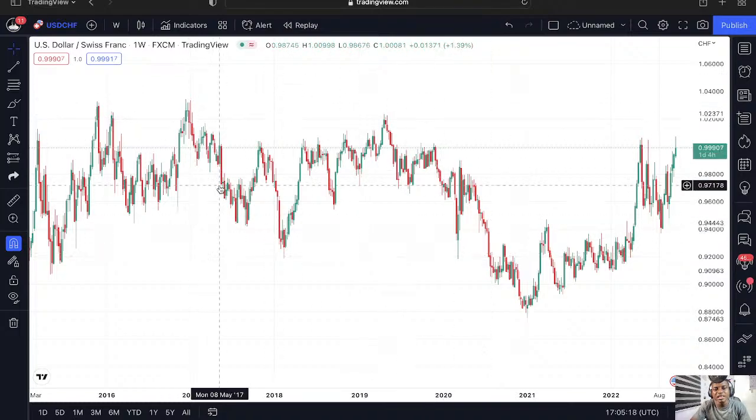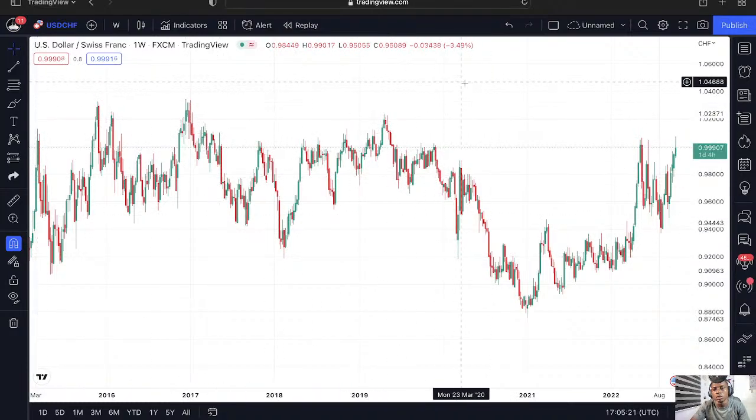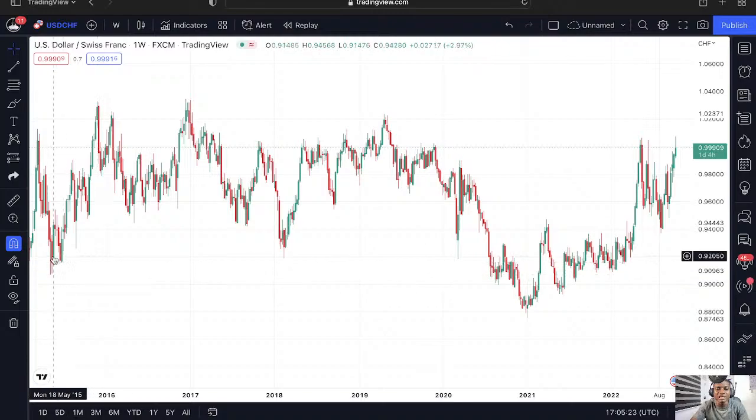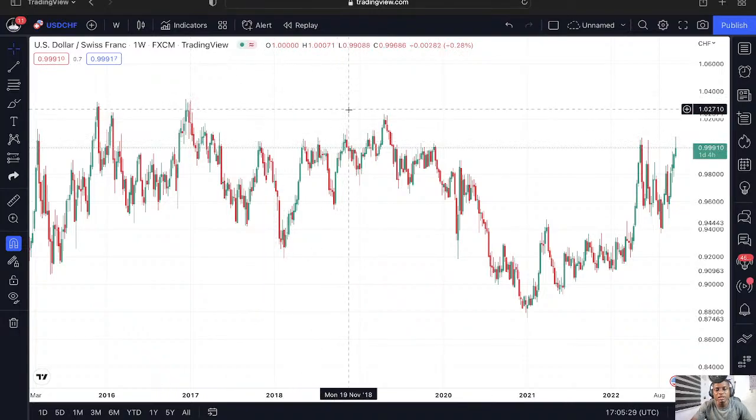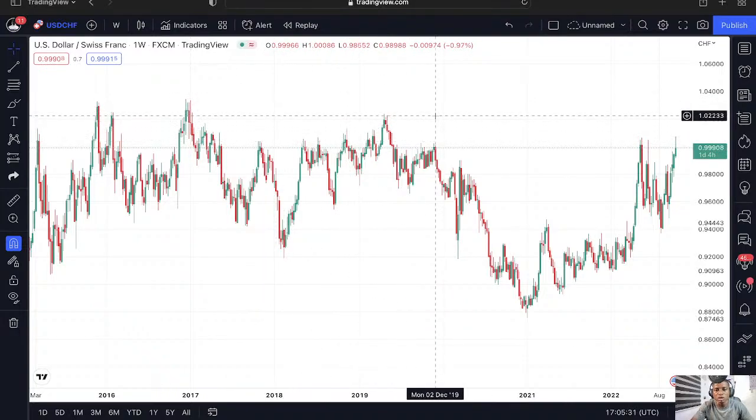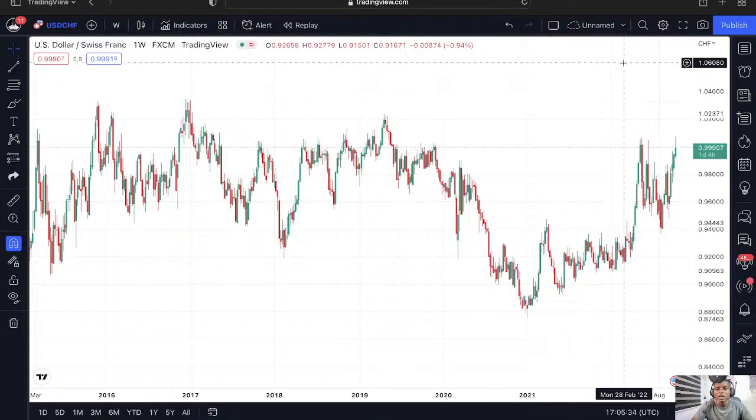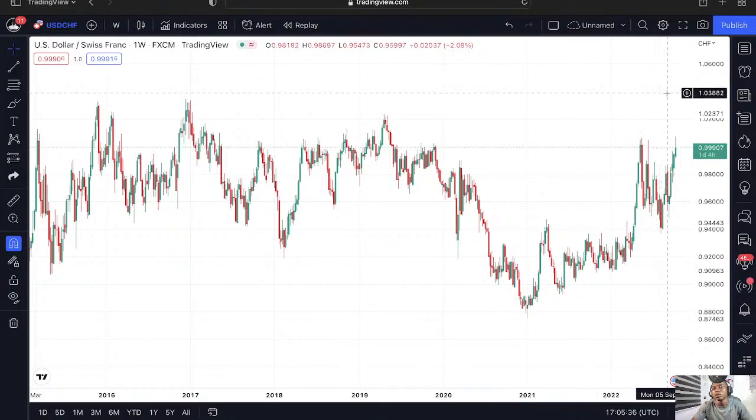As we can see, we can see what price has been doing from 2015 to 2016, 2017, 2018, 2019, 2020, 2021, to 2022, where we are currently.